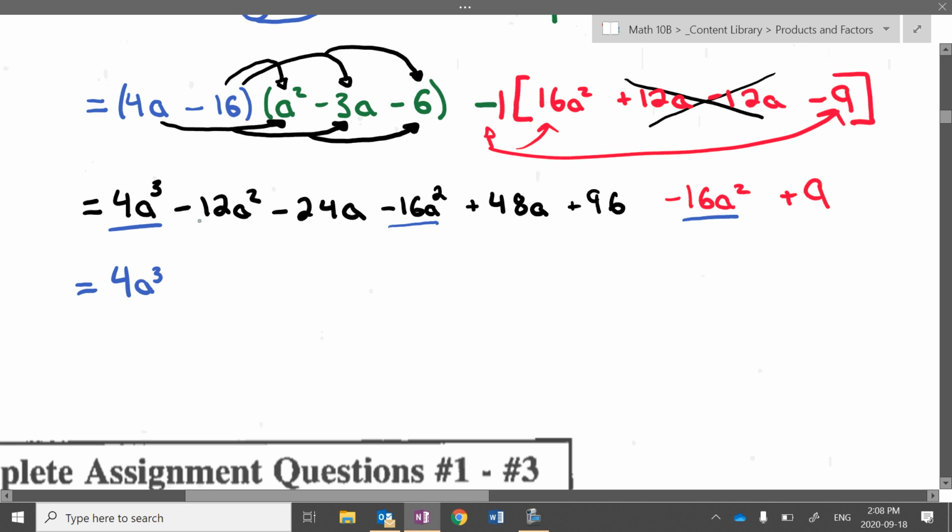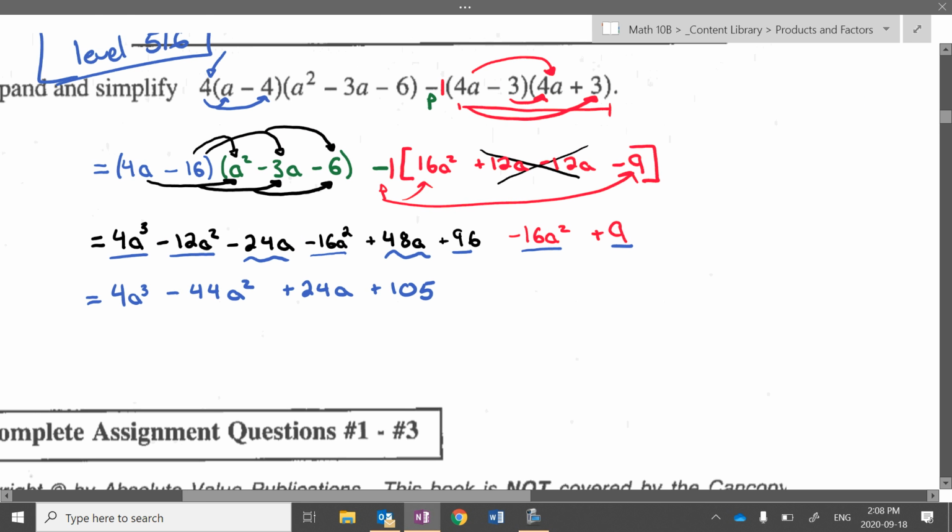So that gives me a negative 32. Negative 12 gives me a negative 44a squared. Negative 24a and then positive 48 gives me a positive 24. 96 and 9 gives me 105.